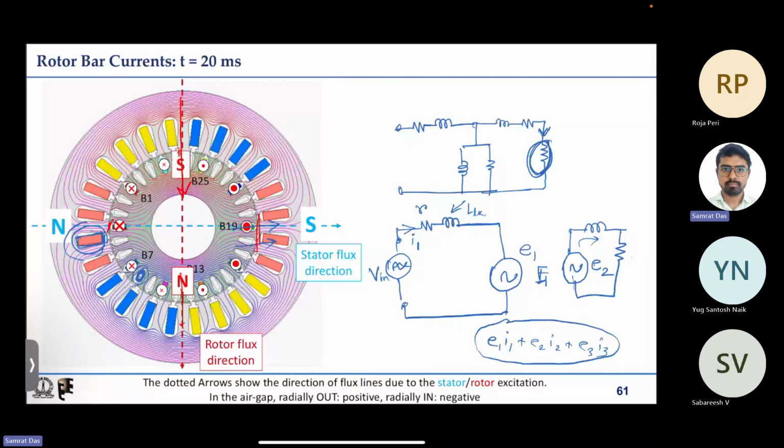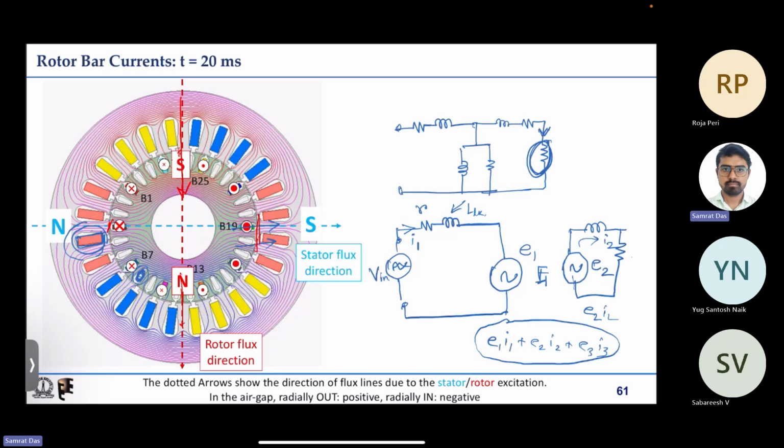Now what is the energy that is getting dissipated? You can see that if this is I2, then the energy that is coming to the rotor is E2 into I2, right? Obviously these are AC quantities, so ideally for active power calculation we need to consider the power factor angle also. As of now, let us ignore that.